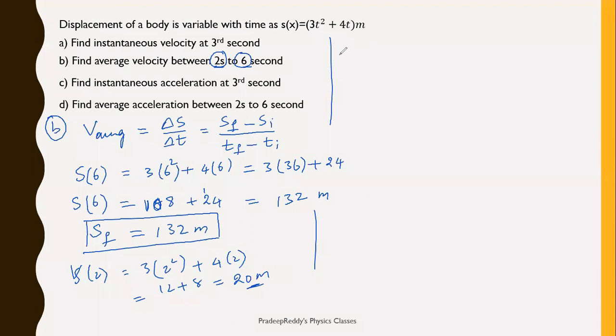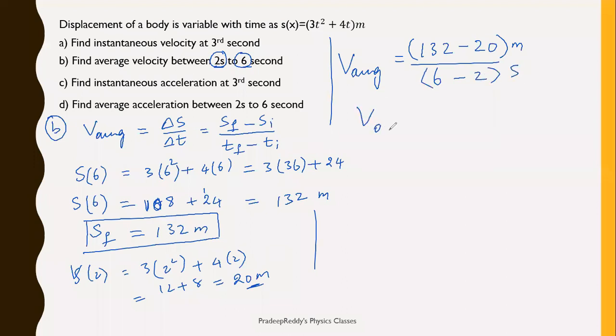Now V average is equal to final displacement, it is 132, minus initial displacement, 20 meter, divided by final time, given 6, minus initial time, given 2 second.